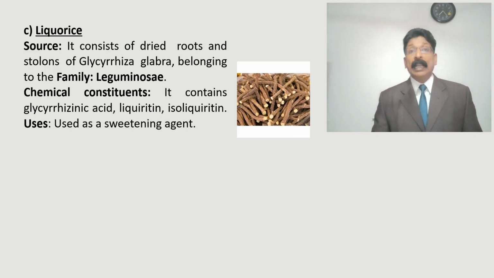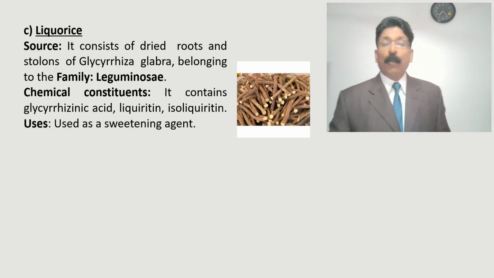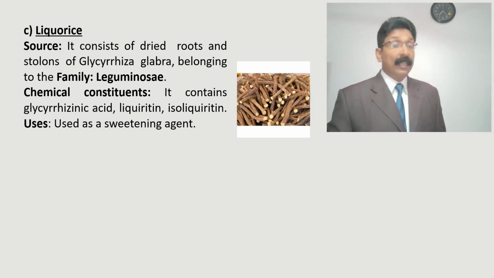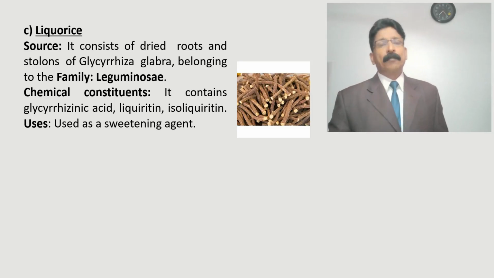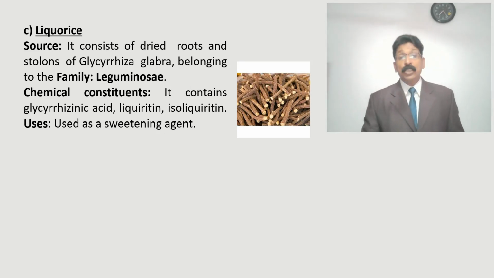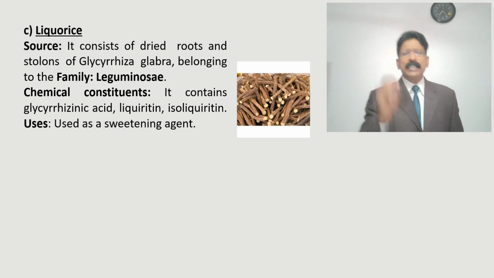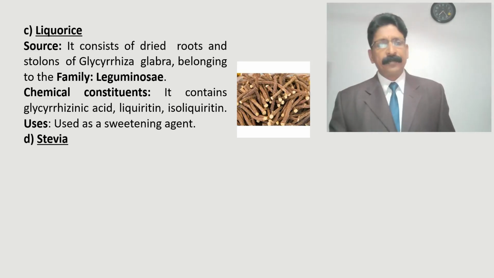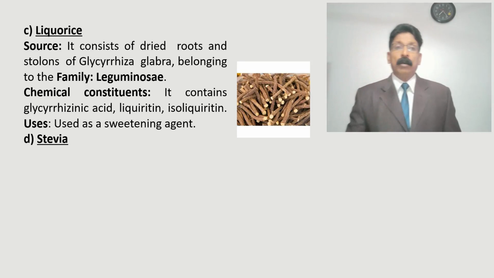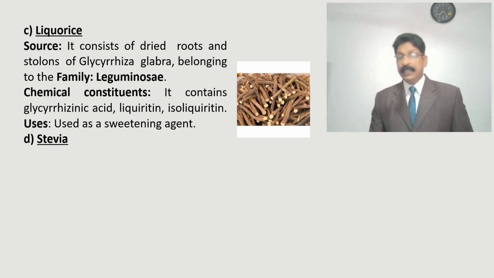The chemical constituents present in licorice are glycyrrhizic acid, glycyrrhizin, and isoliquiritin. It is used as a sweetening agent, and it has many medicinal uses also, not only as a sweetening agent.